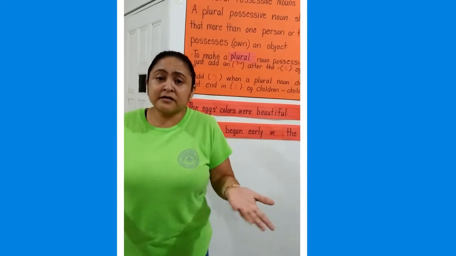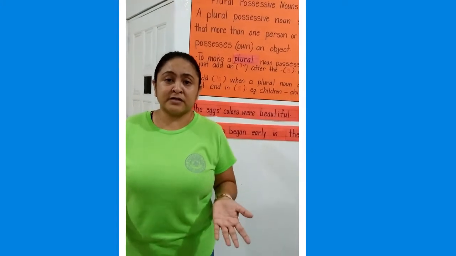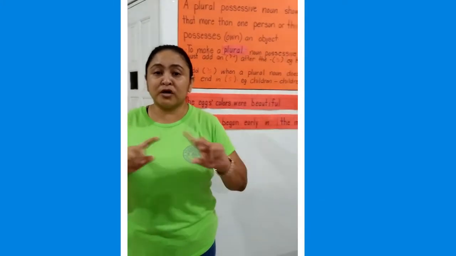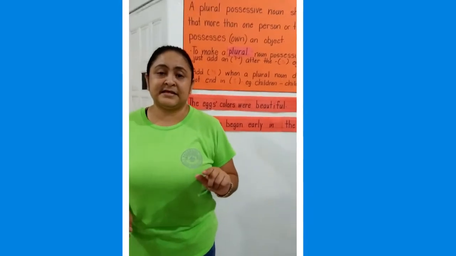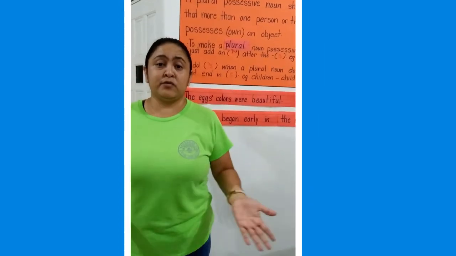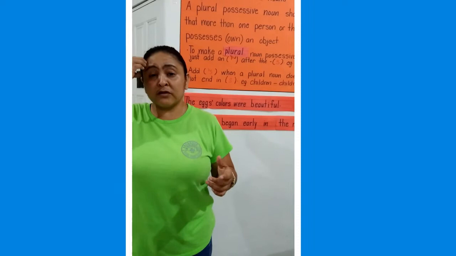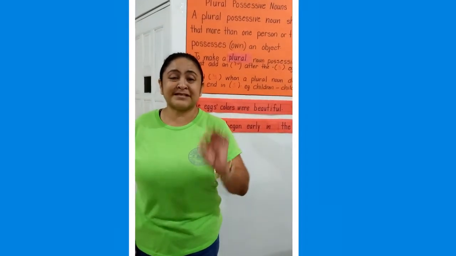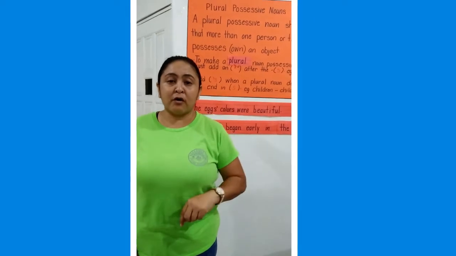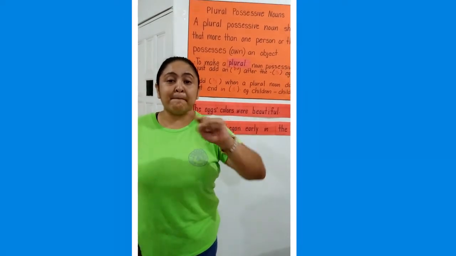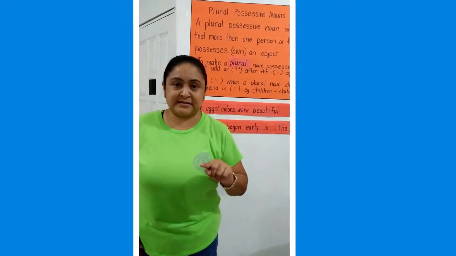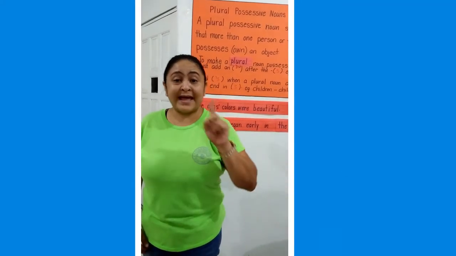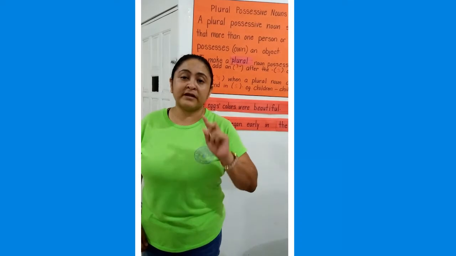And there are several other irregular nouns. These nouns do not carry an S, but they are plural. So when you want to write the plural possessive form of these nouns, you add an apostrophe S. But if you have a plural noun that ends with an S, then you only add an apostrophe.